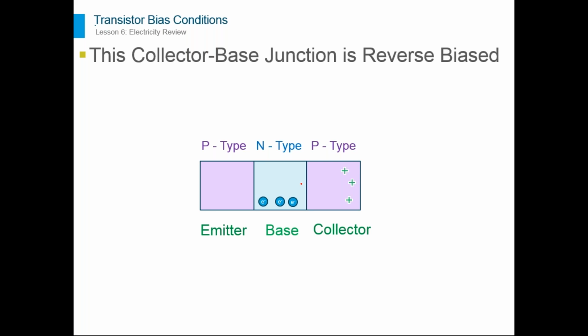Now let's look at how the bias conditions of a PNP transistor affect the flow of current. First of all, electrons don't easily cross any junction unless there is a current and an outside voltage source applied.